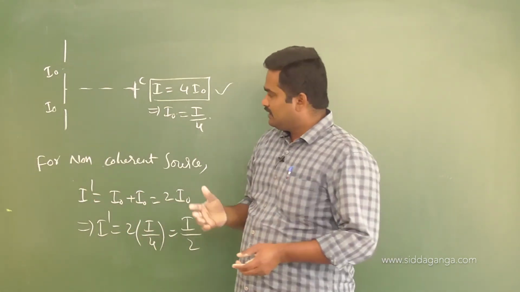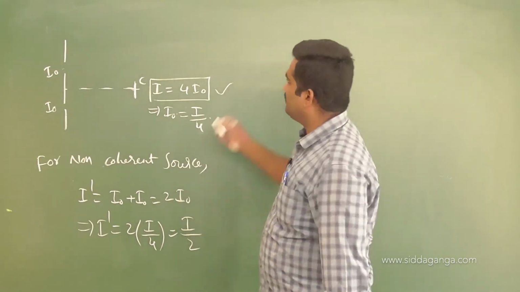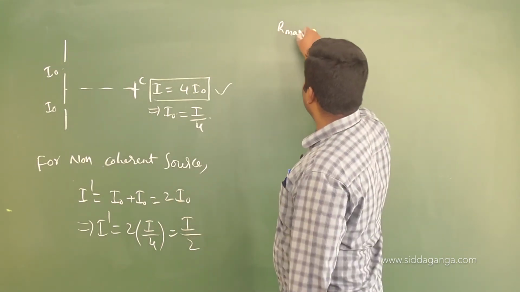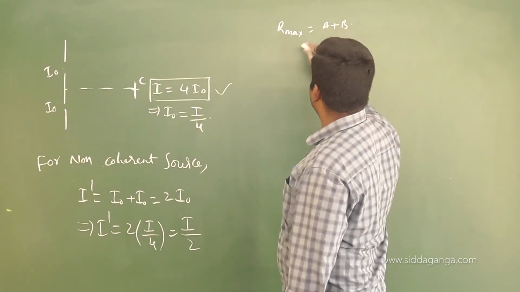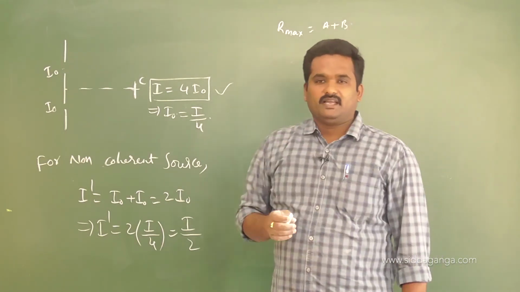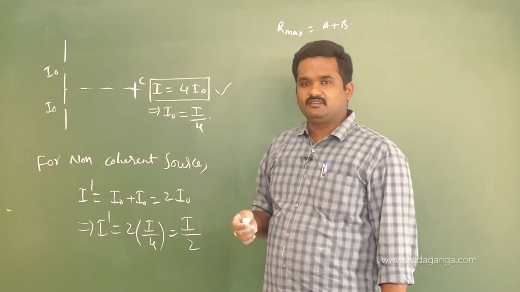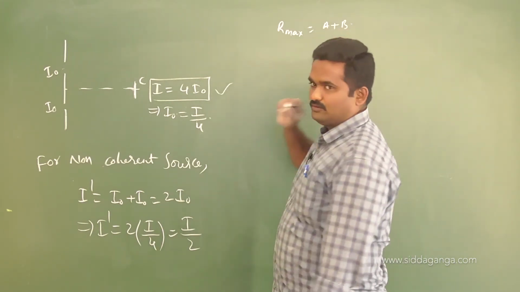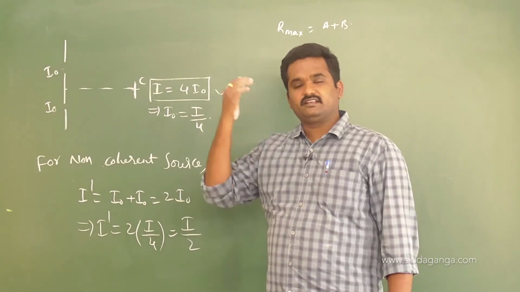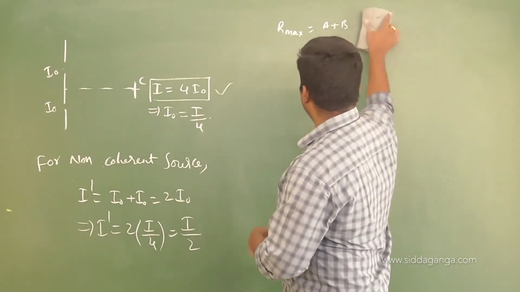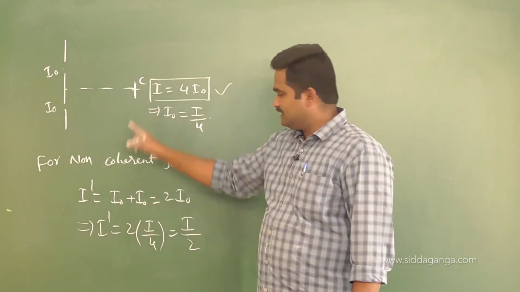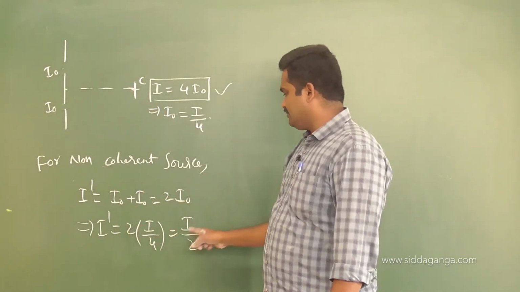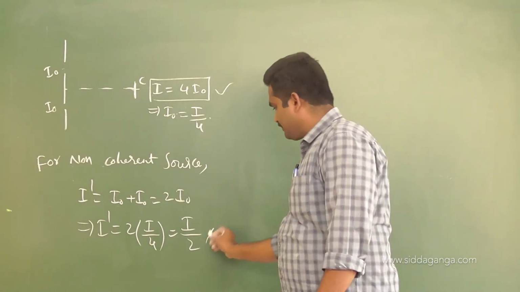For maximum, what is the formula? R maximum is A plus B, in the same way for maximum amplitude or maximum intensity, A plus B whole square in case of interference. Just have an idea. That's why intensity is I naught plus I naught, 2 I naught at the central fringe. So it will be equal to 2 into I by 4, that is I by 2. This is the answer.